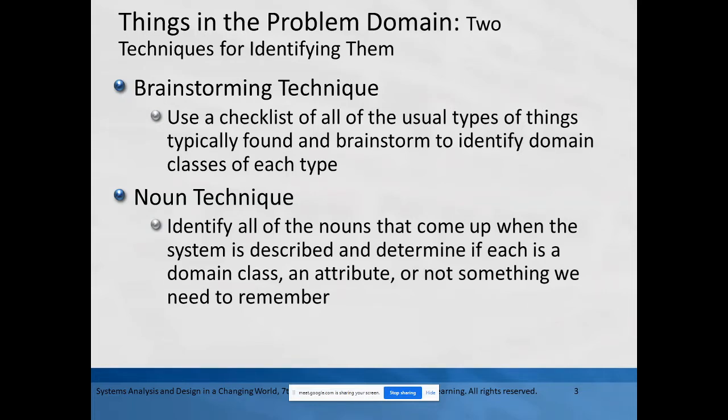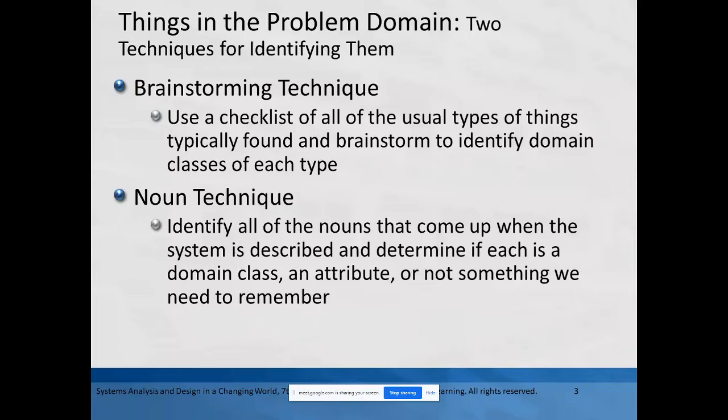The reason why the noun technique is more used and more common is because it builds directly on the work that you did during requirements gathering, where you're thinking about all of these things. You have all of these interview notes. You're starting to model out the sub-processes and the actors involved.